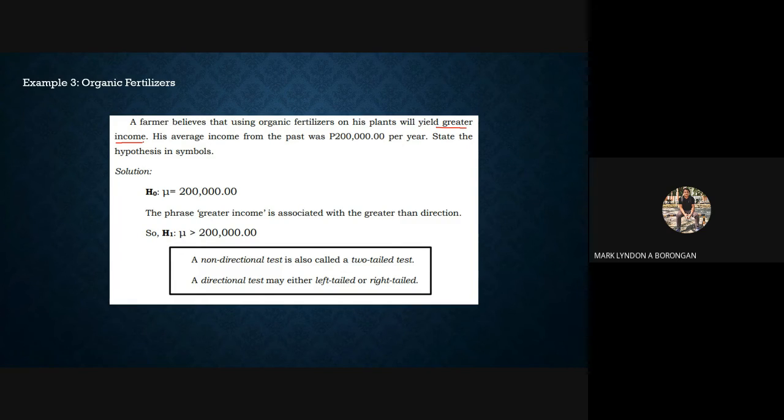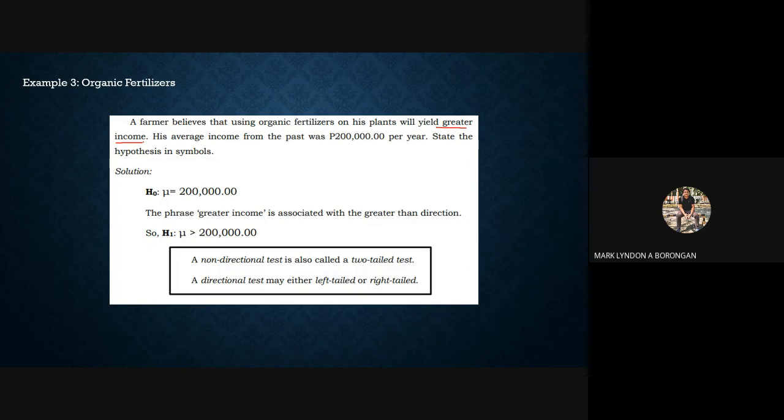So, in this case, right siya. Greater man siya. Okay? Nagets ra, Miss Jerusalem? Yes, sir. I thought na directional yung gingon. Sorry. Directional, sir.